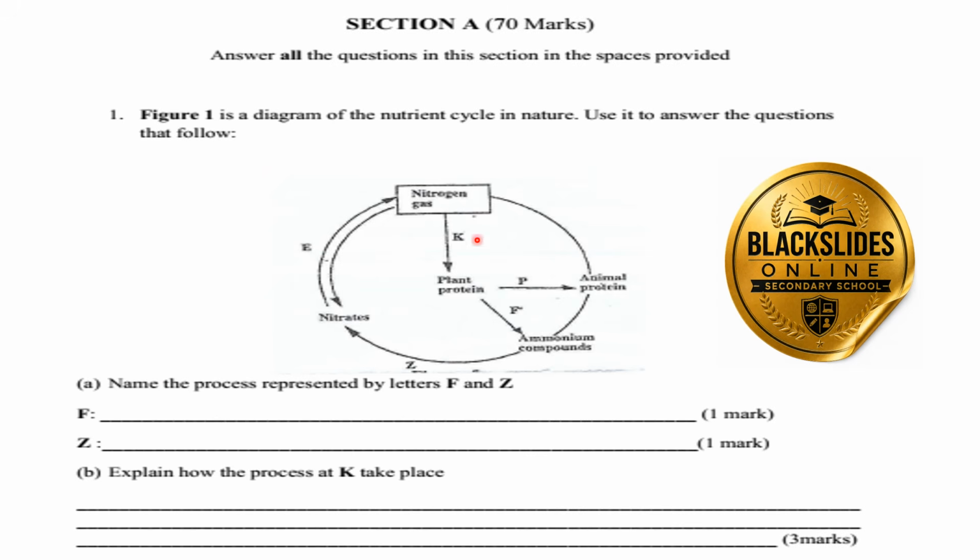So we have a diagram here. Let's look at the diagram together. I'm sure you can see clearly that this is what is called the nitrogen cycle.